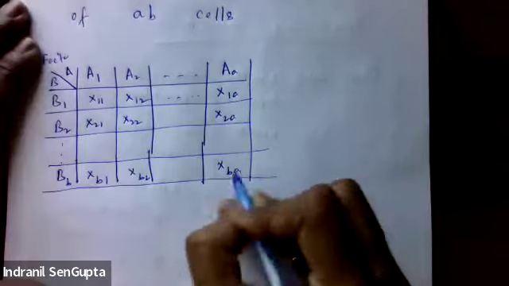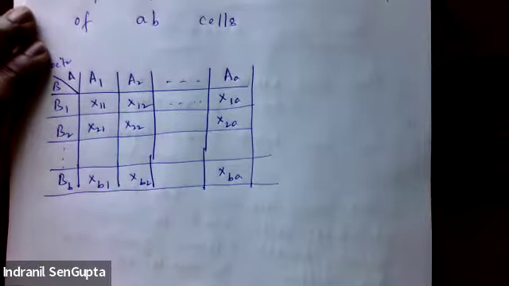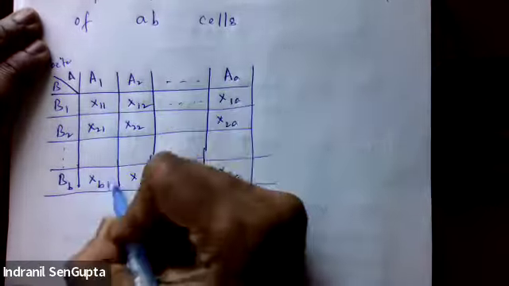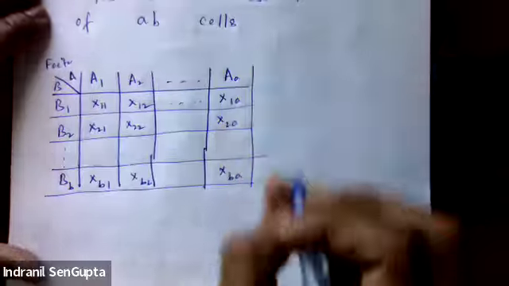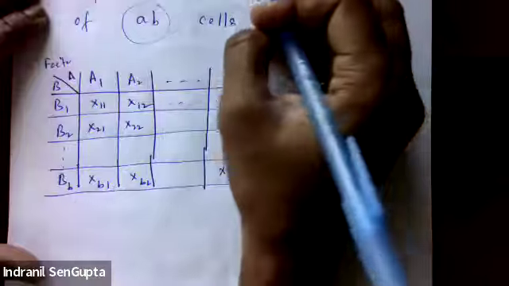There is a total of AB cells, and we are assuming that corresponding to every cell there is just one observation.